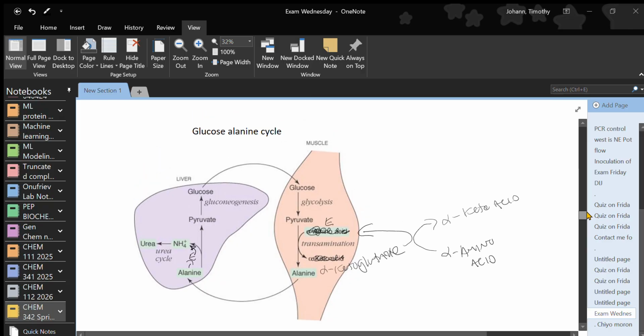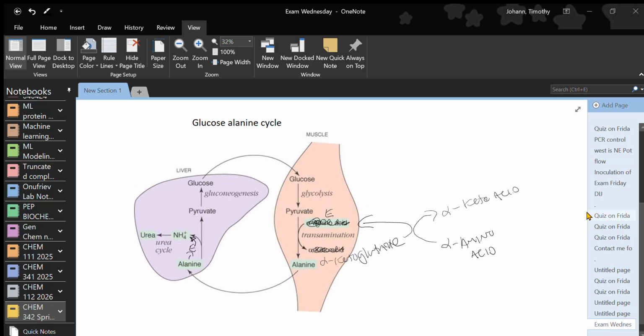It's how we can get glucose to keep going. No, it's not about glucose to keep going, it's about you're breaking down amino acids. Some of those give you glucose, but you've got all these amino acids being broken down.